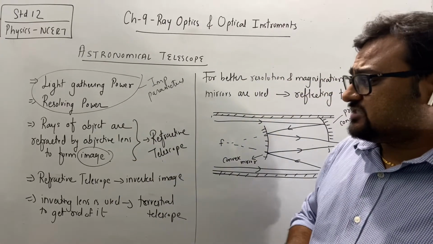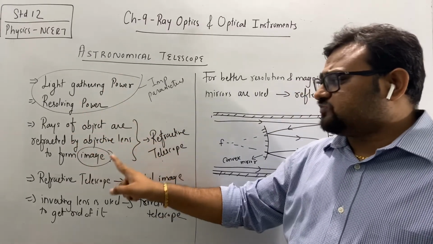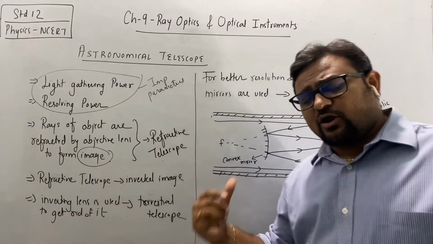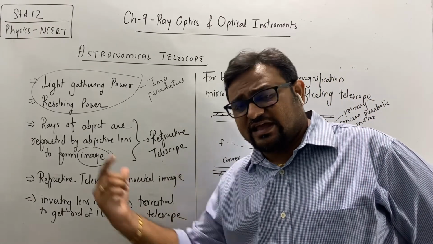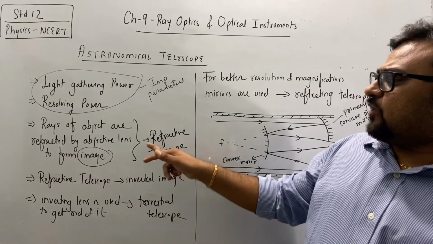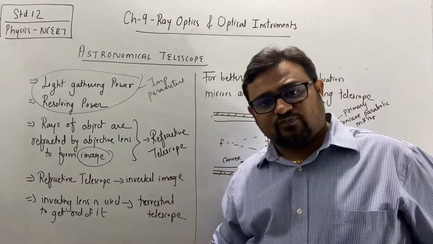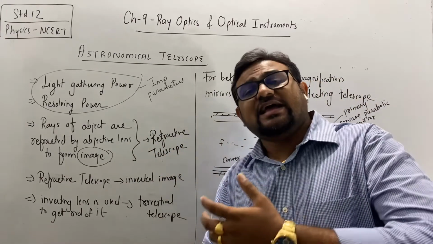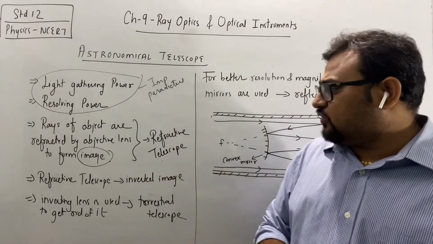Now next, the rays of the object are refracted by the objective lens. In the example we have taken of the astronomical telescope, we have seen that the rays of the object are refracted. So such a telescope is called a refractive telescope, right? When the rays of the object are refracted through the lens, such a telescope is a refractive telescope.